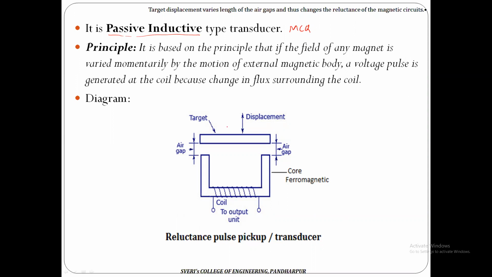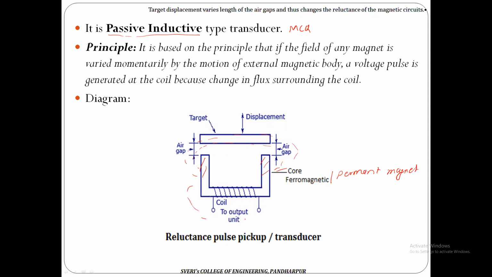Now, if you observe, here one C-shaped ferromagnetic material is there. This is the permanent magnet. When I say this C-shape is a permanent magnet, it means that it has its own magnetic field around it.